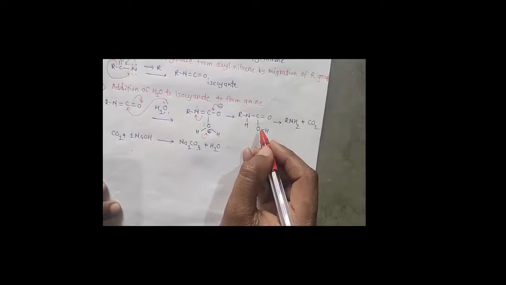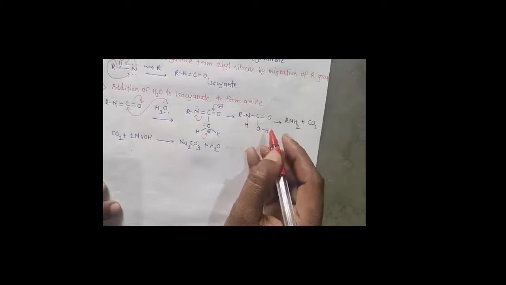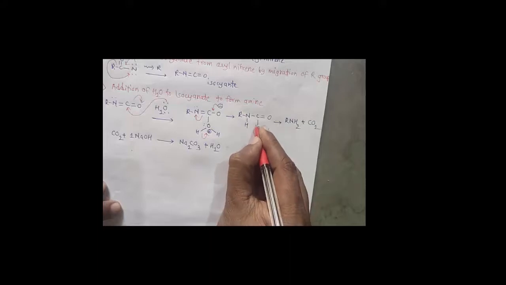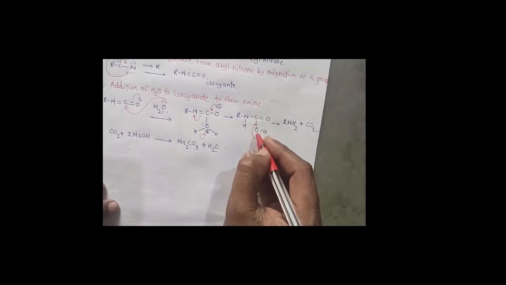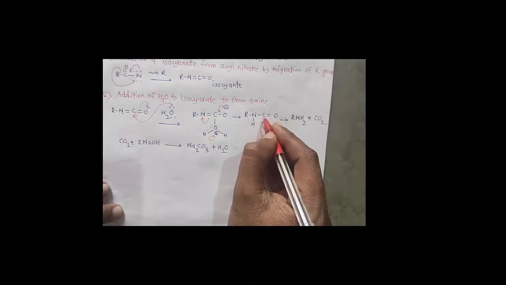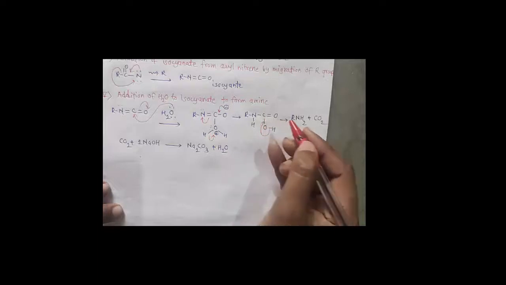This H plus gets attracted here and RNHCOOH is formed. This unstable structure then changes: the bond pair between the oxygen and hydrogen gets shared between the carbon and oxygen, so electron density moves towards this carbon.